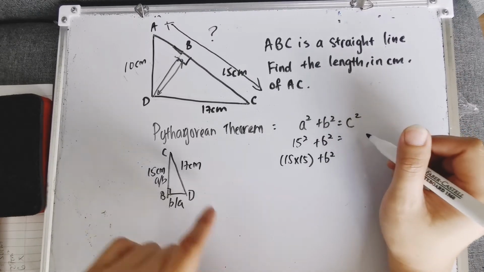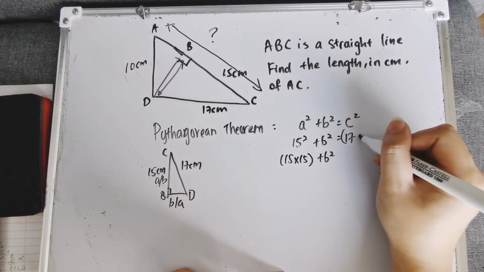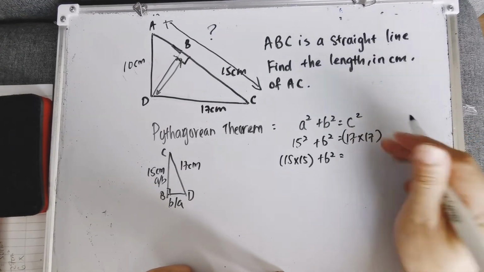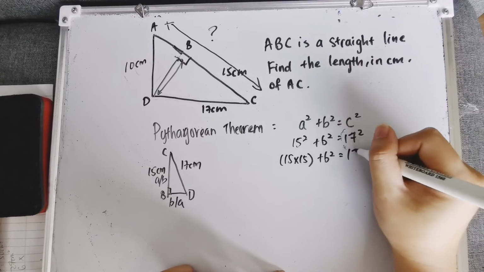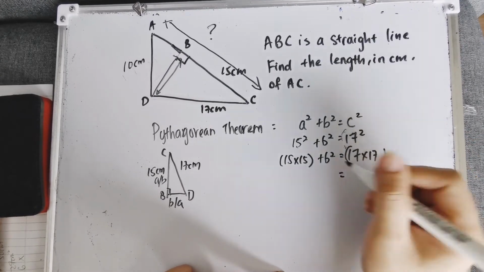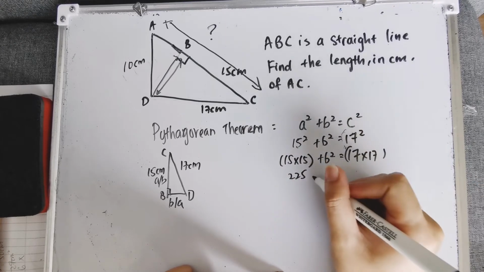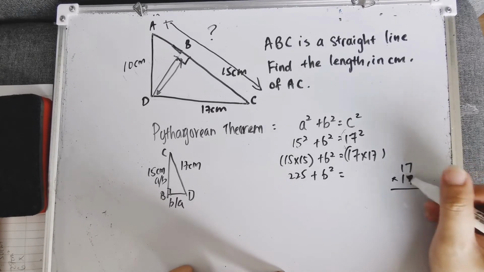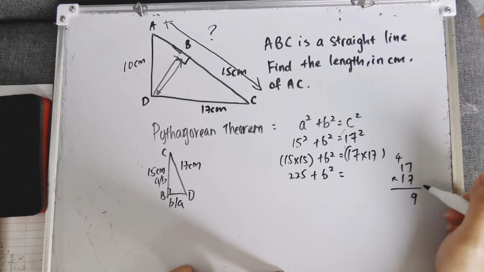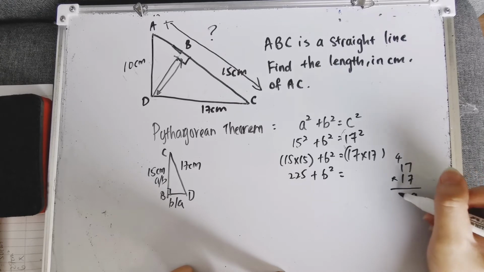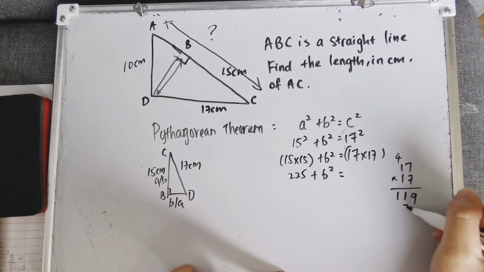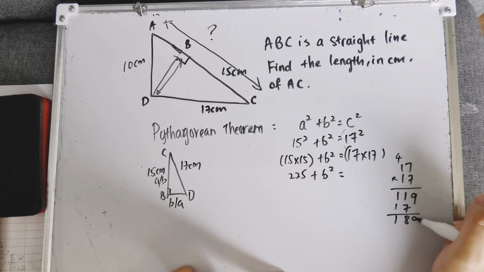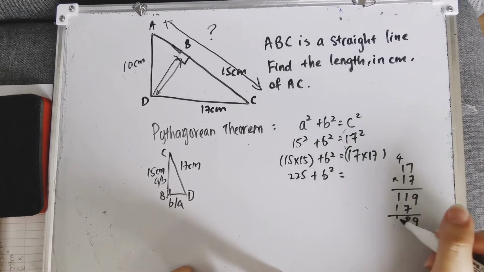My C is 17, so 17 square, which is 17 times 17. 15 times 15 is 225. 17 times 17: 7 times 7 is 49, 1 times 7 is 7, 7 plus 4 is 11, 1 times 7 is 7 plus 1 is 8, so it's 289.